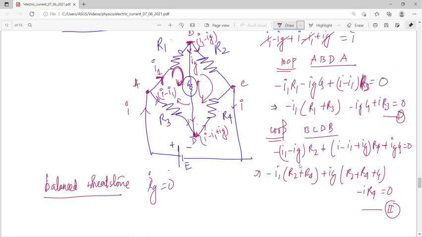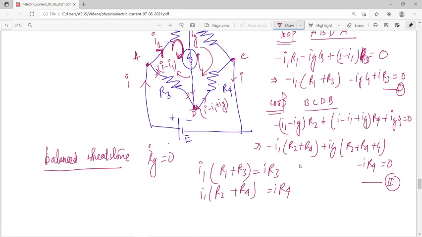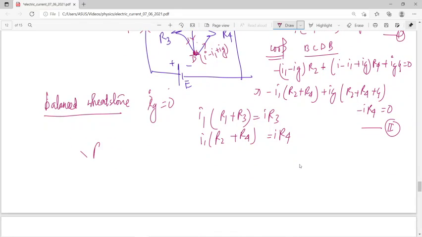Now if you put the value Ig equal to 0 in equation 1 and equation 2, you will get I1 into R1 plus R3 equal to I into R3, and from equation 2 we will get I1 into R2 plus R4 equal to I into R4. Now if you divide, you get R1 plus R3 divided by R2 plus R4 equal to R3 by R4.